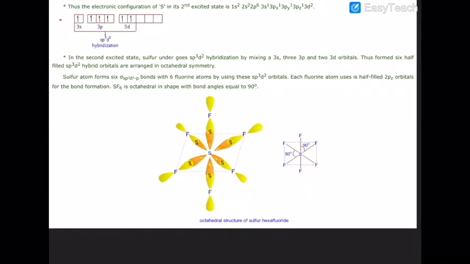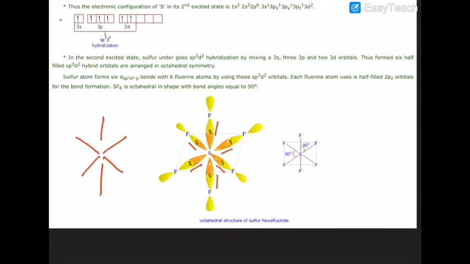Now here what is happening? Look at that. Sulfur will overlap: this first bond, second bond, third, and this is fourth, fifth, and sixth. So you have formation of 6 bonds. Are you getting that or not? Okay. By using that, you can form an octahedral geometry.